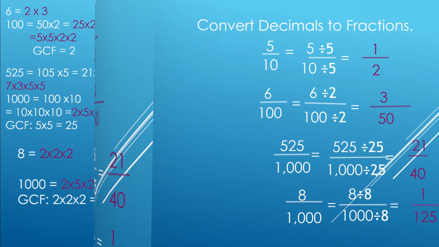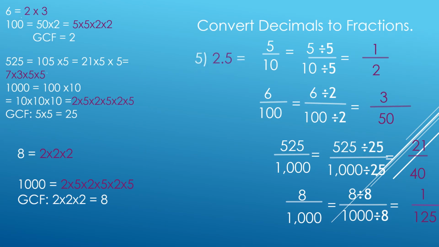Now, what if the decimal number includes a whole number? Let's say 2.5. A while ago, we just had 0.5, or 5 tenths. But this time, we have 2 and 5 tenths, so we have a whole number.